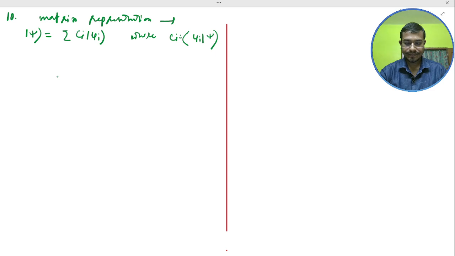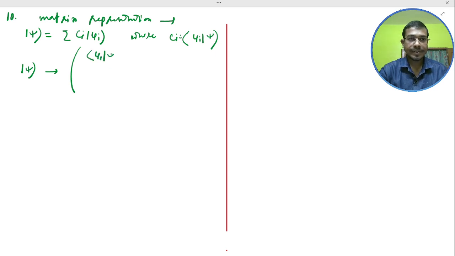Basically the ket psi is nothing but the column vector. Suppose phi 1 psi, phi 2 psi, dot dot.